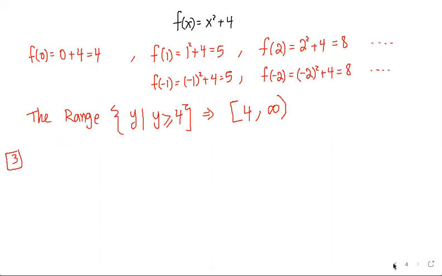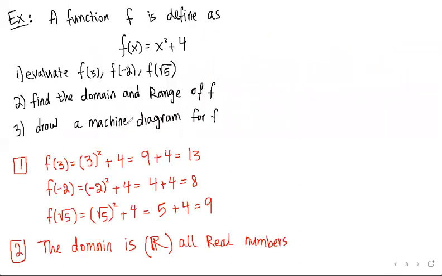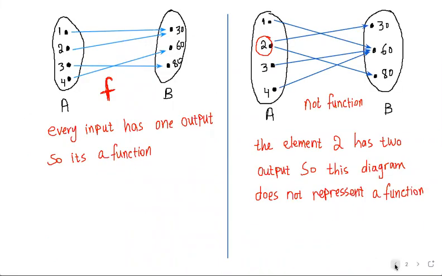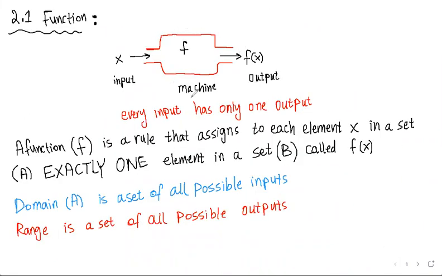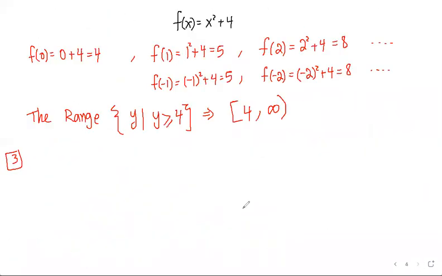Number 3. Draw a machine diagram for f. So I mean, draw something like that. A machine. So my function is f. This is my machine diagram. Here is the input x, which is all real numbers.